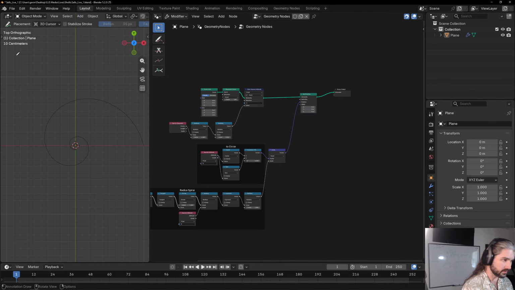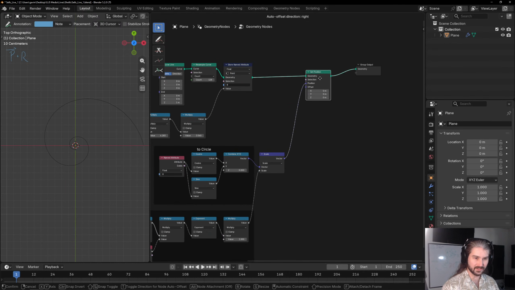So our position times our radius. Does that make sense? Maybe just get rid of the equals, but we always need a position and a radius. That's all we need to work with our spiral here to make our shell.